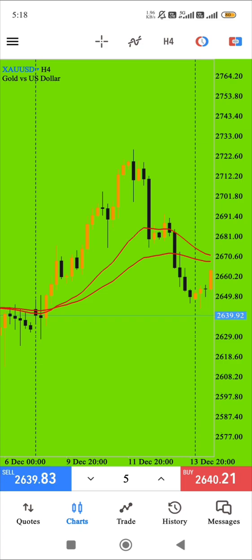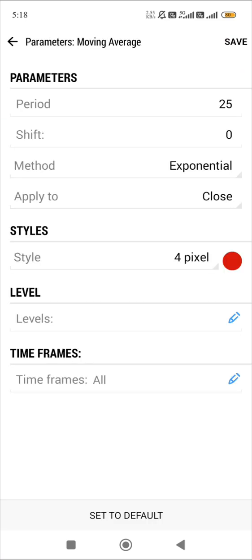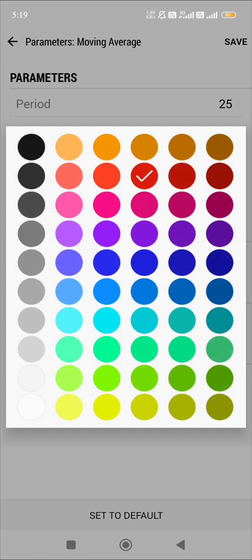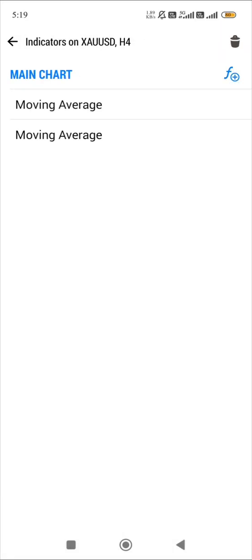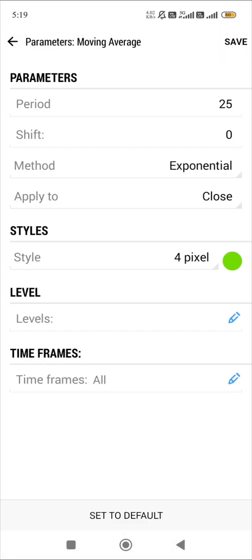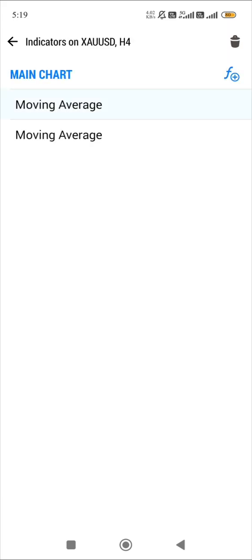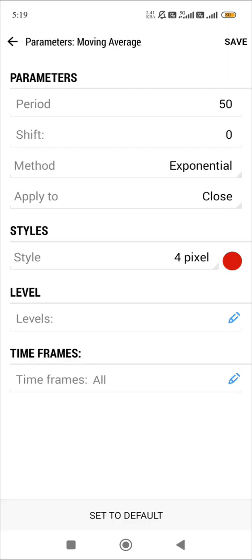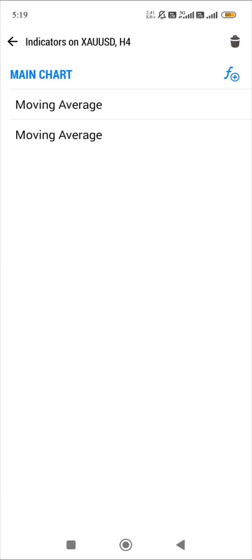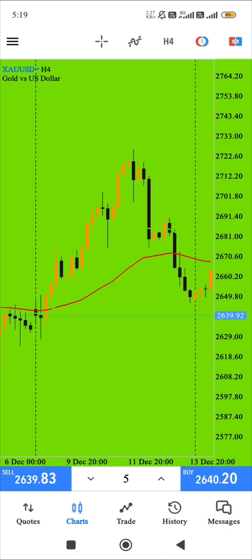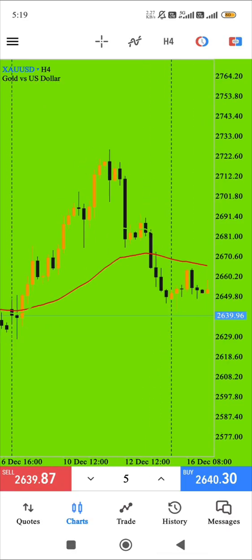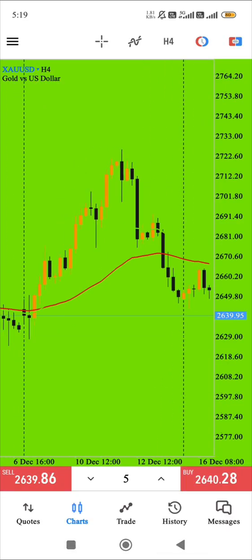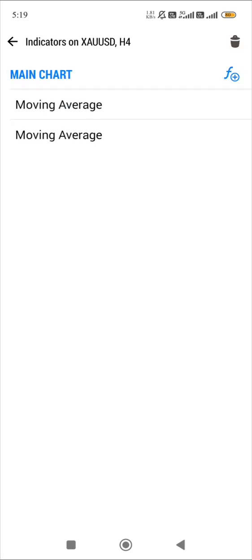The 25 moving average is down. Okay, I will check the color and change it. They are green. The 25 is green, and the 50 is red. The background is also green, so I will change to another color.